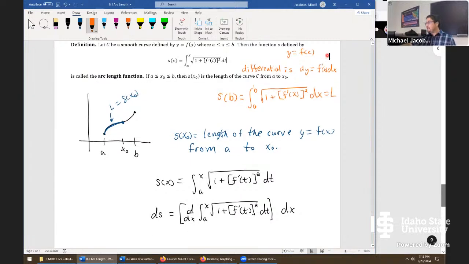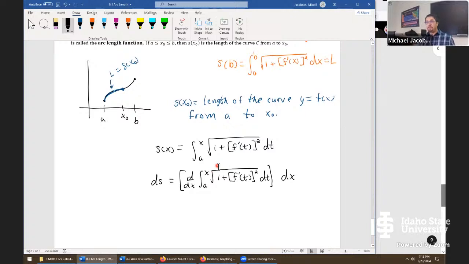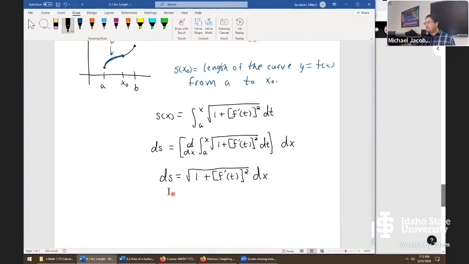One last step: if you take the differential, then the fundamental theorem of calculus, like we said, differentiates that part automatically for us. ds becomes the square root of 1 plus f prime of t squared dx. So that's a nice equation.